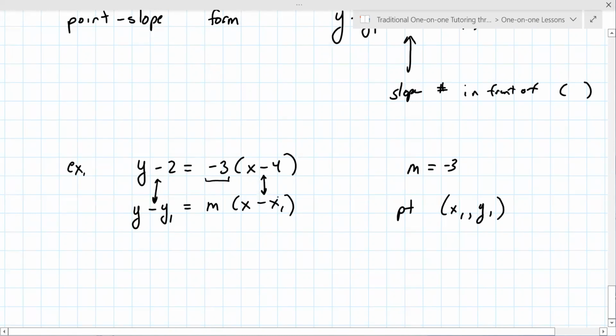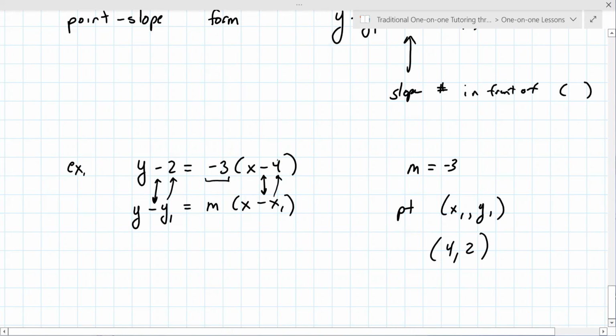If it's the same operator, the x1 just takes on that number, and same with y1. You have to start with x and then you move to y. So your point is 4 comma 2. Do you see that?